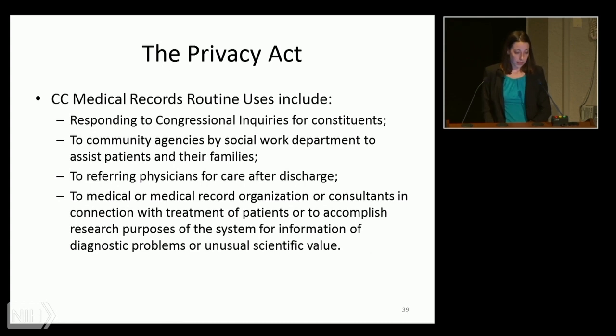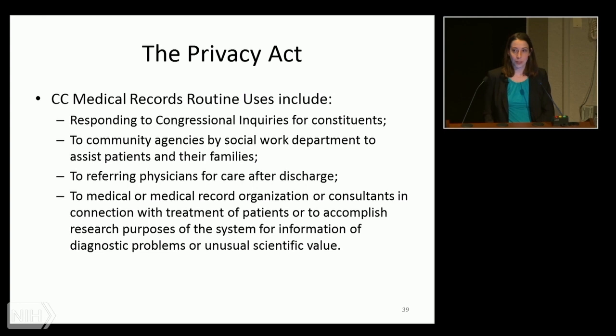So one of the exceptions I mentioned about the Privacy Act, in which you can release information without explicit consent of the individual about whom the record pertains, is a routine use. Routine use, when published in the Federal Register, allows, again, the release in certain situations. The law defines routine use as the use of a record for a purpose which is compatible with the purpose for which it was collected.